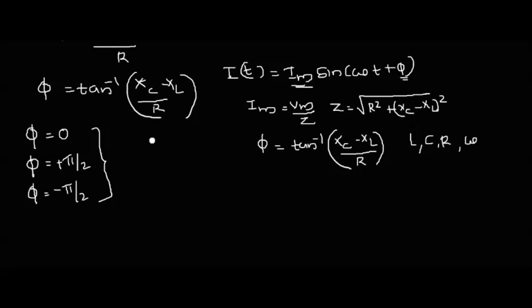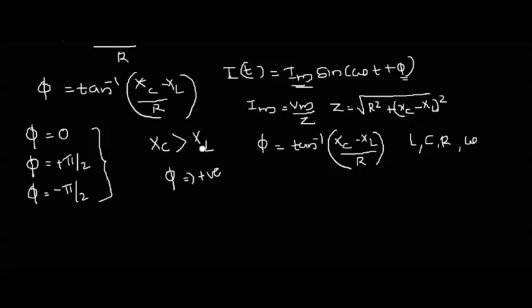Okay. So while deriving this entire derivation, we assumed one thing, that Xc is greater than XL. So from this equation of phi, if Xc is greater than XL, you will get this entire term as positive. That is, phi will be positive.